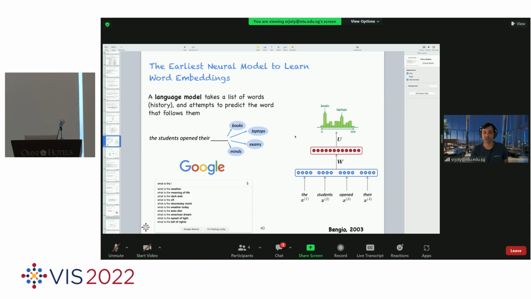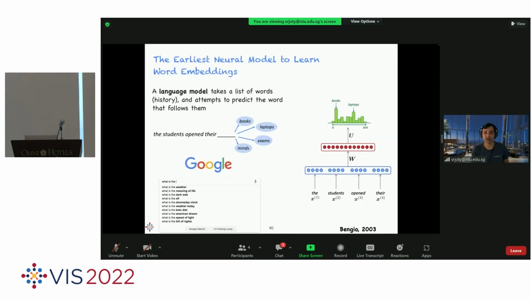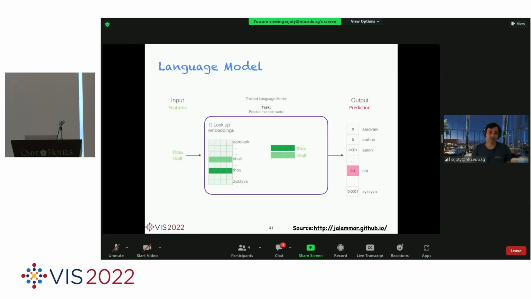This was proposed in 2003, although it was meant to do only language modeling rather than learning these vectors, but they were a byproduct of that model. Basically, how it works is that you have the input features. Let's say we have two words, "thou shalt", and this is the embedding matrix that comprises all the embeddings for the word tokens in the vocabulary.